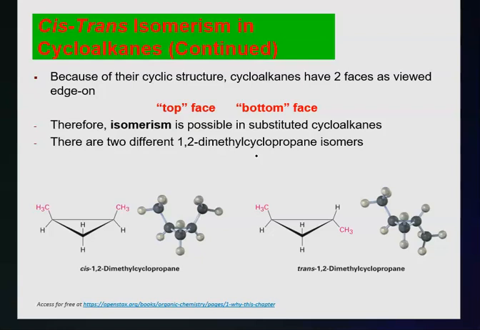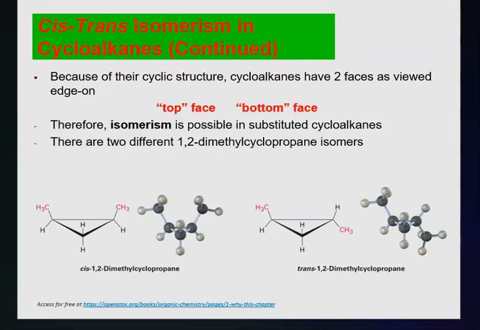They do show a type of isomerism which we call stereoisomerism, because since they are cyclic structures, they can have a top face and a bottom face. So based on how the substituents are oriented, either both at the top face or both at the bottom face, they will be called cis. And if one of the substituents is up and the other is down, you call it trans.